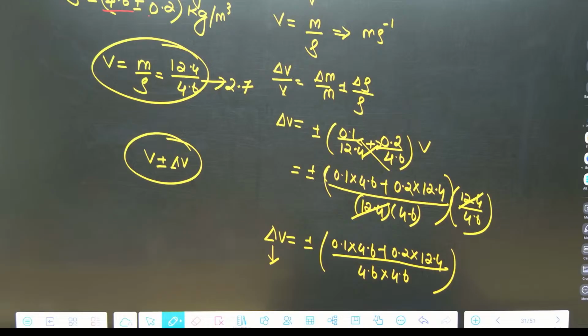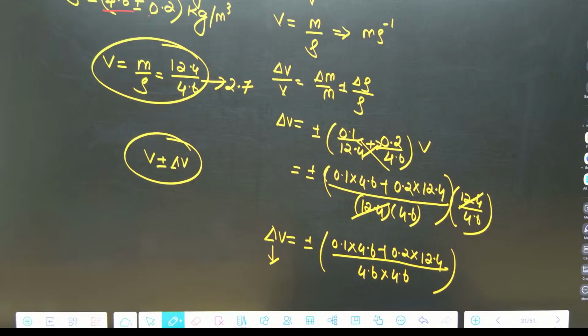So what is 0.1 into 4.6? 0.46 plus 0.2 into 12.4, 2.48.